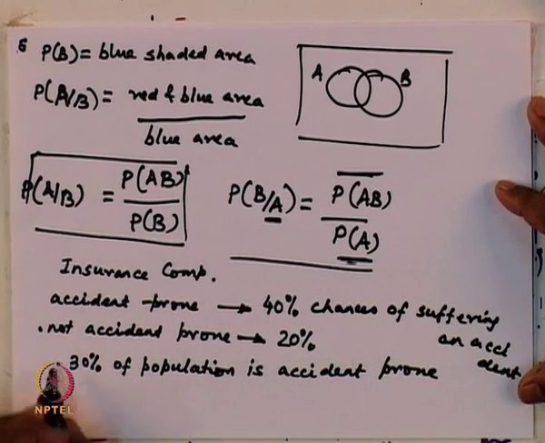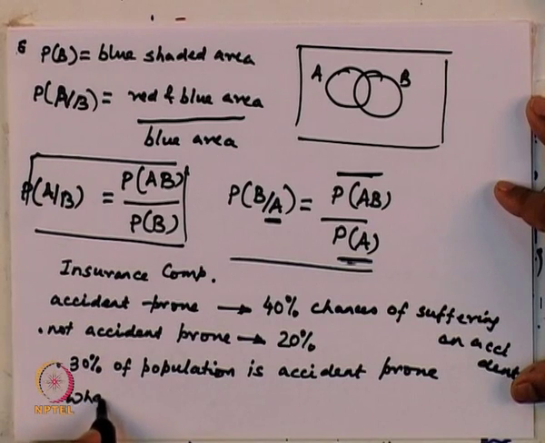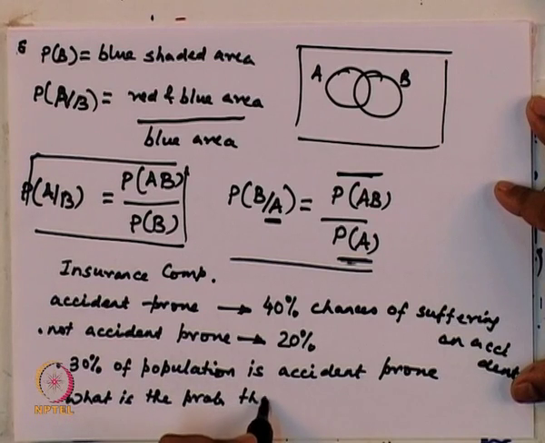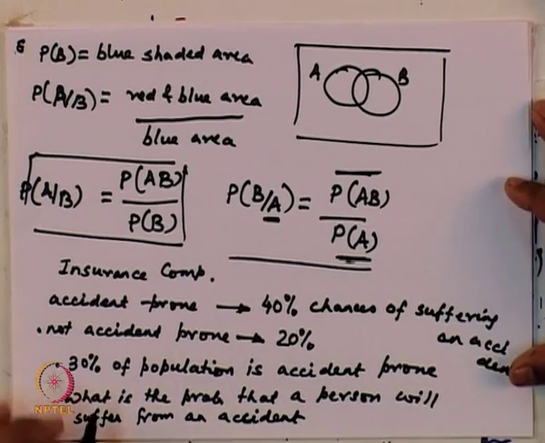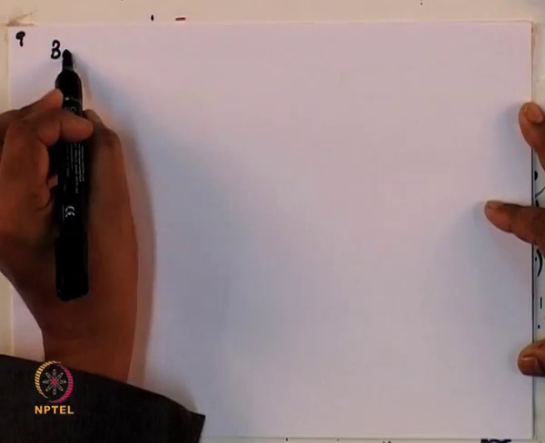If 30% of the population is accident prone, what is the probability that a person will suffer an accident? How do we do this? In order to do this, we need the following formalism, which is Bayes formula.